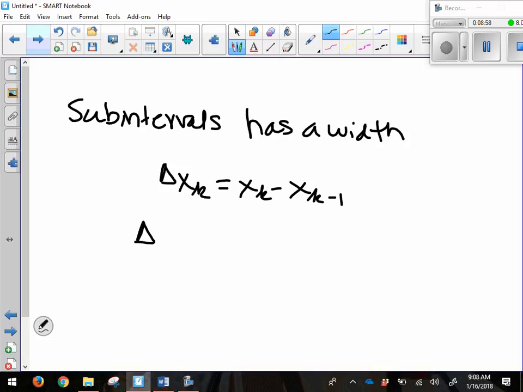So for example, delta x1 is going to be x1, because that's what the k is, minus x sub 1 minus 1, which is 0. So the width of my first subinterval is the difference between x1 and x0.